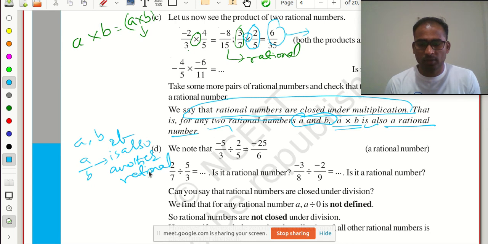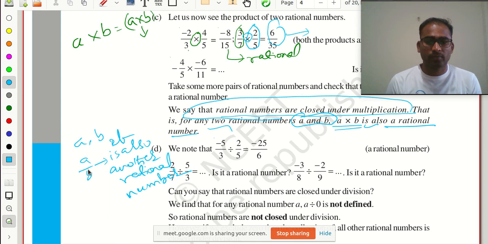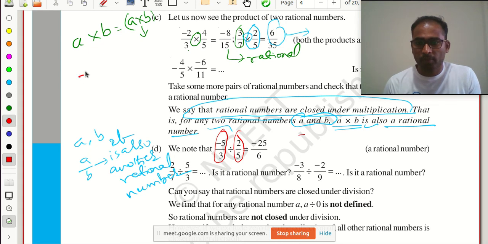If so, then we can say these rational numbers are closed under division also. See here, we have two rational numbers, minus 5 by 3 and 2 by 5. Now I am dividing these two: minus 5 by 3 divided by 2 by 5.